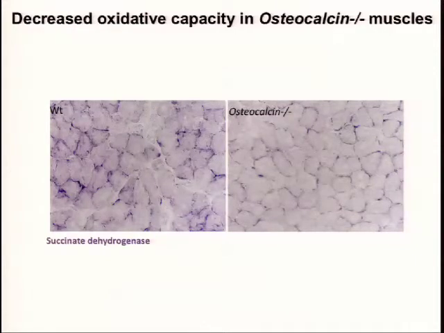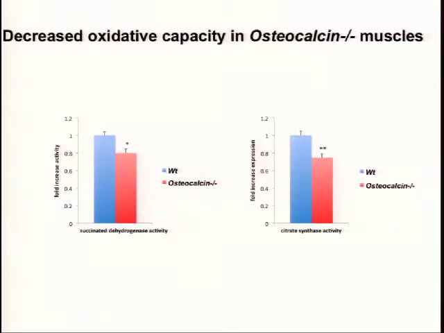As you can see, the succinate dehydrogenase staining is completely gone or virtually gone in absence of osteocalcin. And this can be quantified for 2 markers, succinate dehydrogenase and citrate synthase, which is also a marker of mitochondrial activity. So that's the second aspect that is affected by osteocalcin, the lack or the gain of osteocalcin.